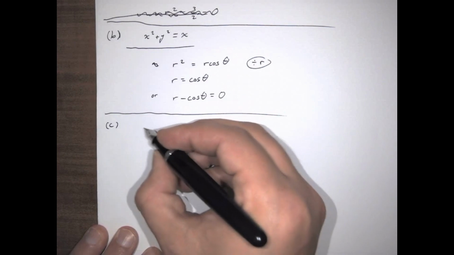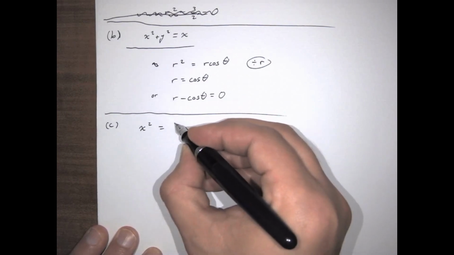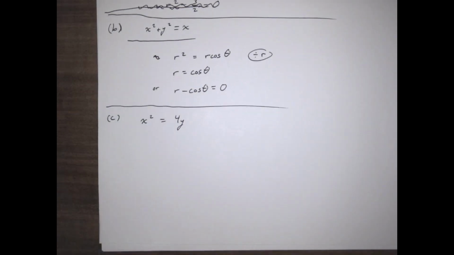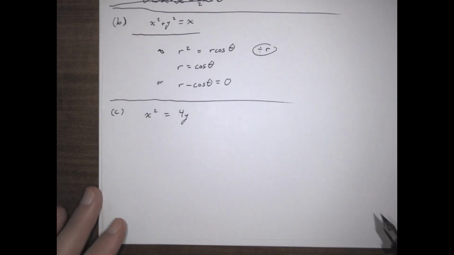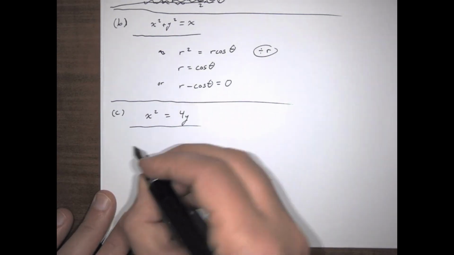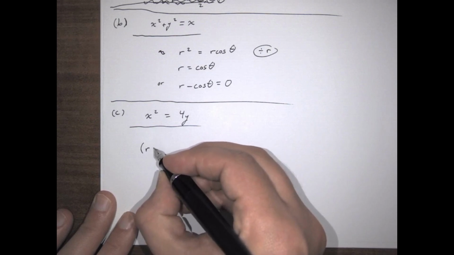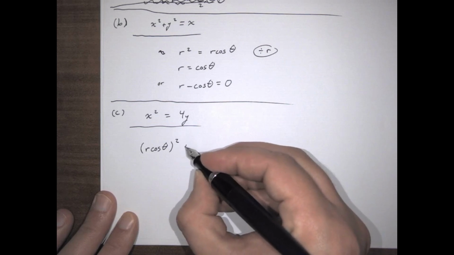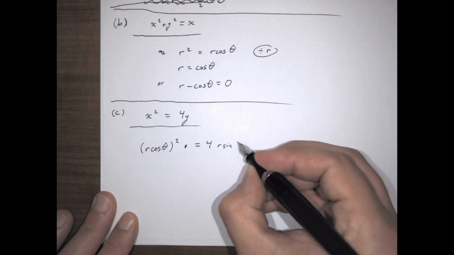Okay, let's see what else we can do here. How about something like x squared equals 4y? Well, if this were x squared plus y squared, I know what I would do. If it's just x squared, then I'll basically take this as it is and replace everything by what I know them to equal. So this is r cosine theta all squared, and that's equal to 4 times r sine theta.